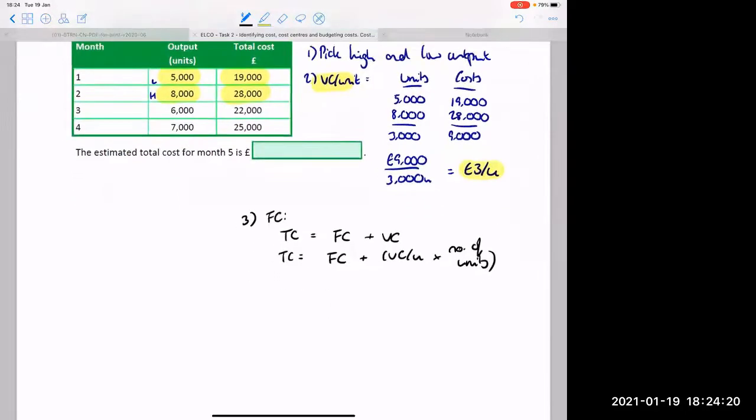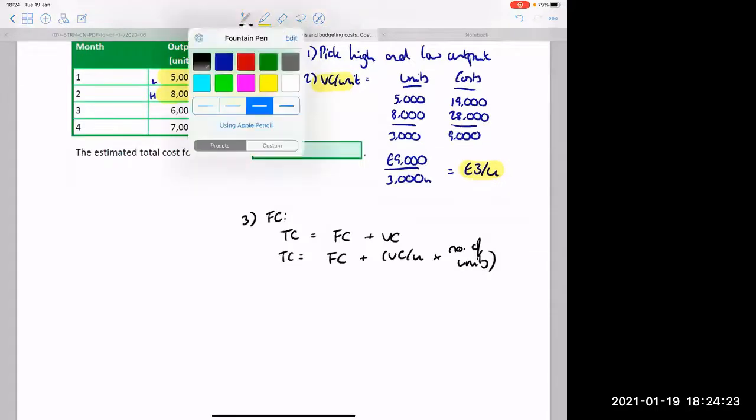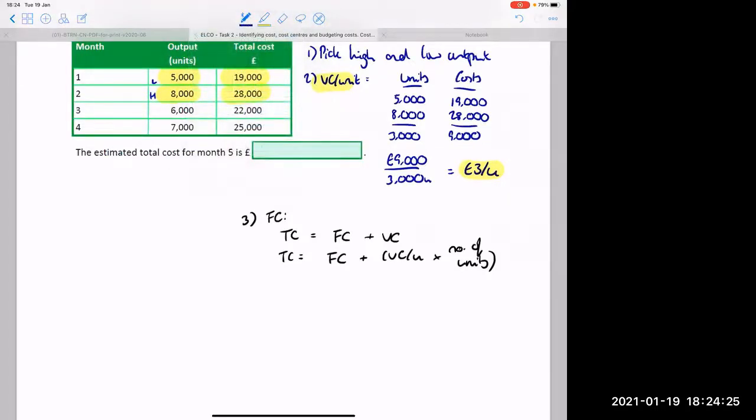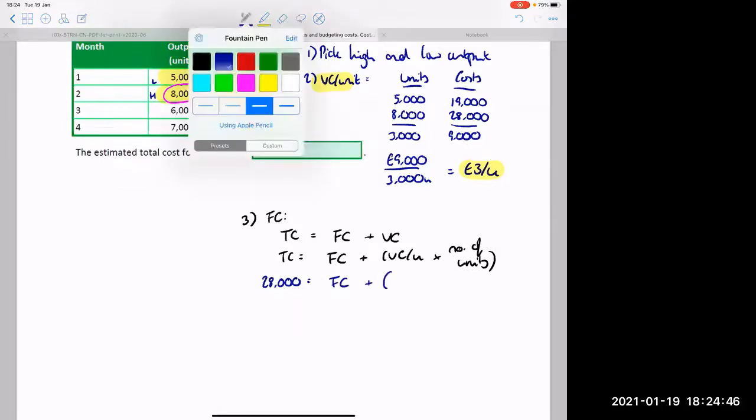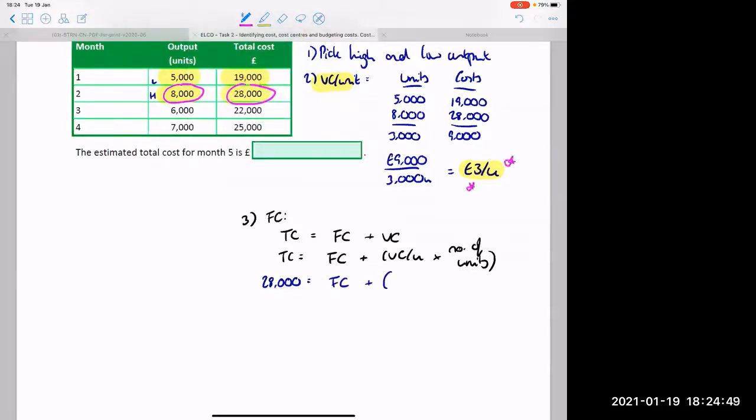Then I pick either high or low from the two sets of data that I've already been using and plug that into this equation. I picked high, so I'll pick this set of data, 8,000 units, total cost £28,000. So total cost £28,000 equals fixed cost, the bit that I don't know at the moment, plus variable cost per unit I've just calculated in step 2, that's £3, times the number of units, 8,000.